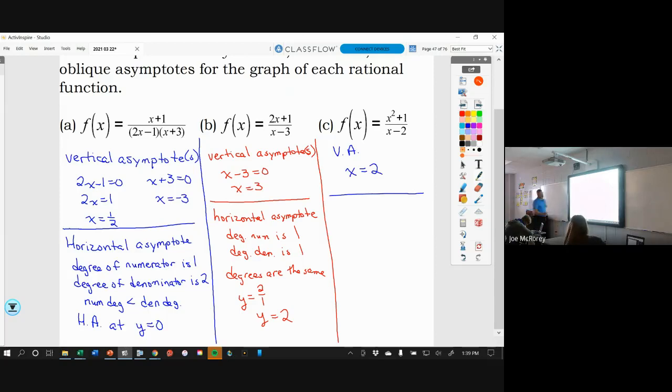Okay, so let's talk about horizontal asymptotes. The top degree is what? It's 2. The bottom? 1. Okay, so here we have the numerator degree greater than denominator degree.